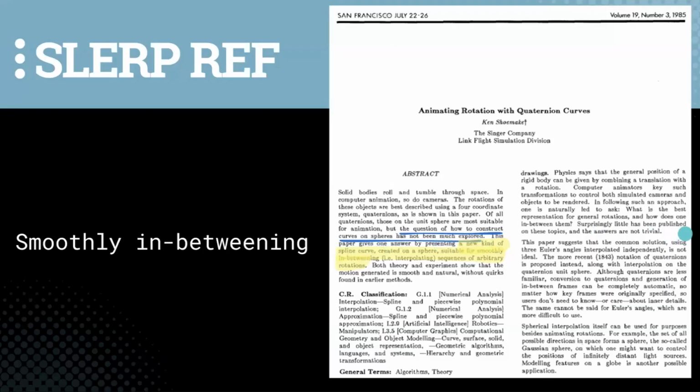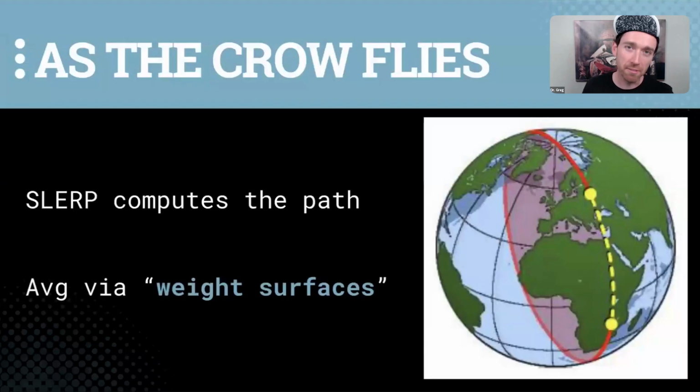Now, the classic example is as the crow flies. You ask, what's the quickest way to get from point A to point B on the Earth? You could basically go straight through the Earth, but obviously you can't, because that doesn't make any sense. It's kind of the same way with models here for a second. Stick with me.